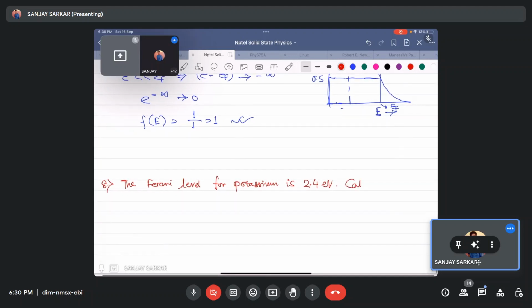Then calculate the velocity of the electrons at the Fermi level.